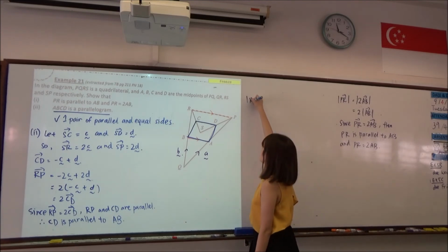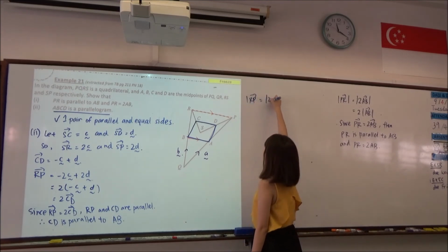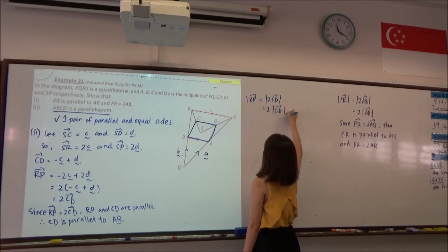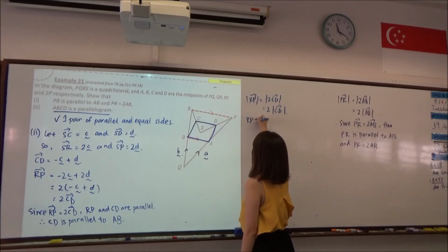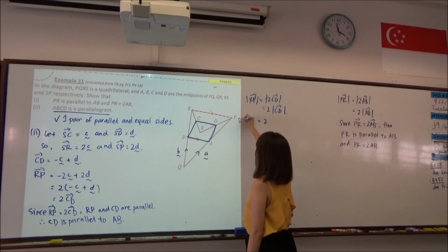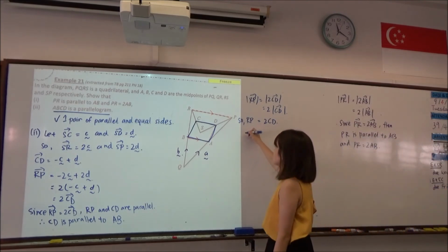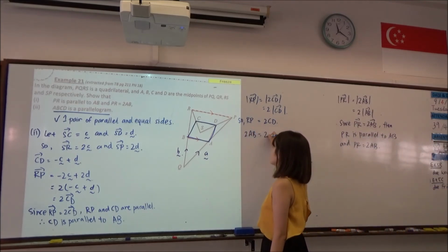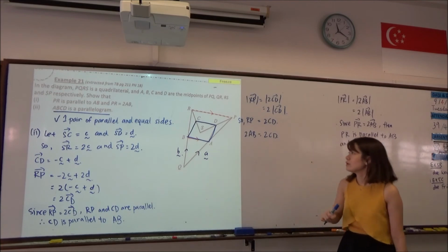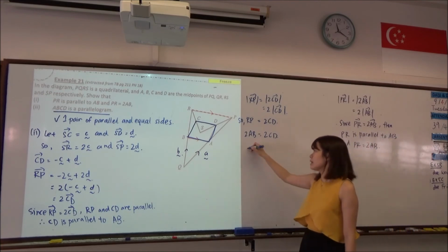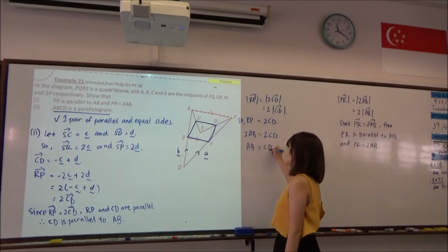Looking at the magnitude, we have RP equals 2CD. So 2 times AB equals 2 times CD, based on what you have found in part 1. So AB is equal to CD.